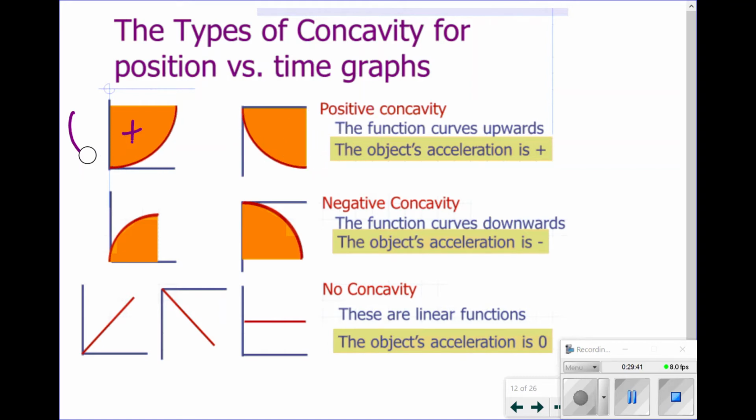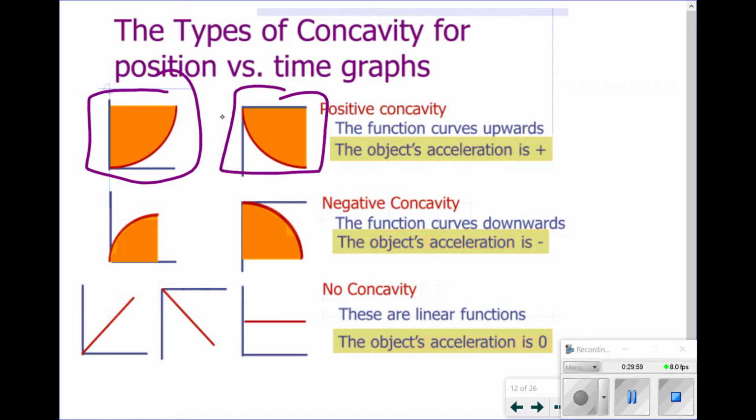Does not mean the object is speeding up. It just means the acceleration is in a positive direction. And if my velocity happens to be in a positive direction, then I am speeding up, as in this case. And if my velocities are negative, then I would be slowing down, as I see in this case.